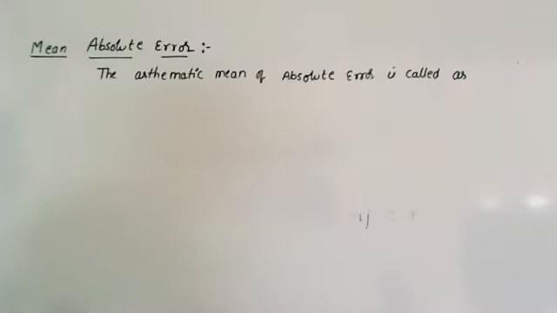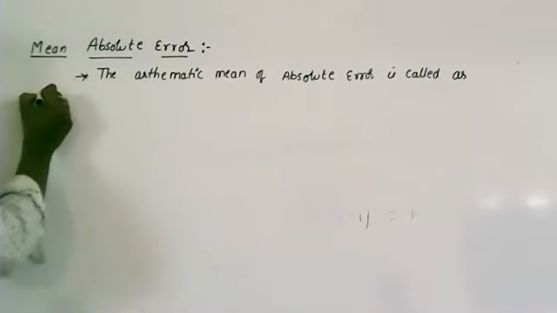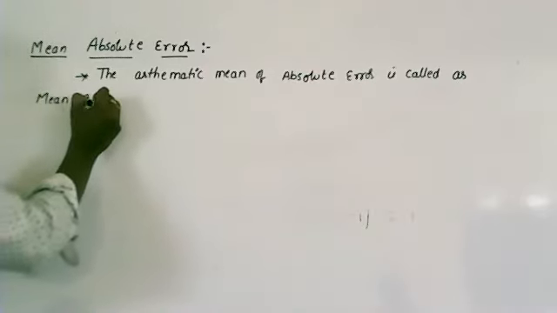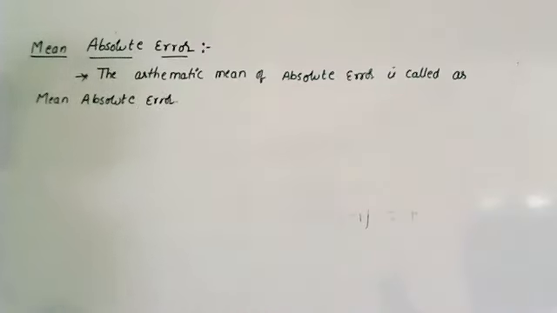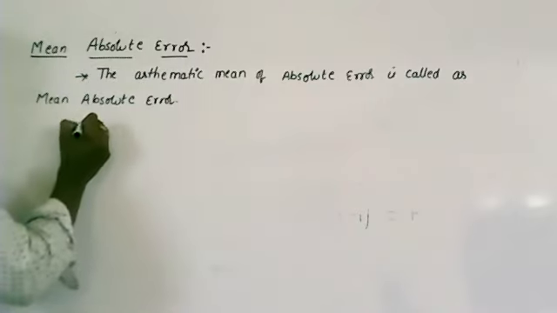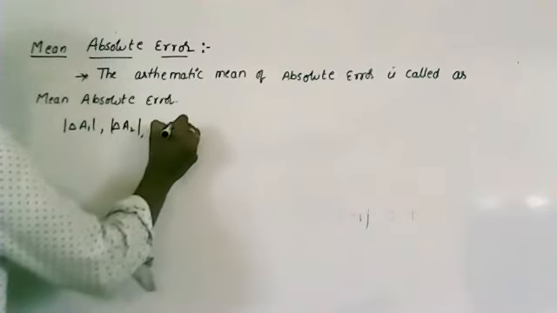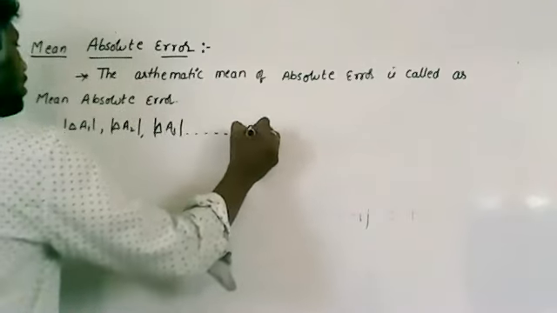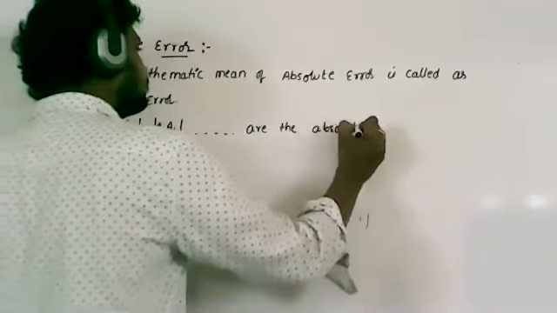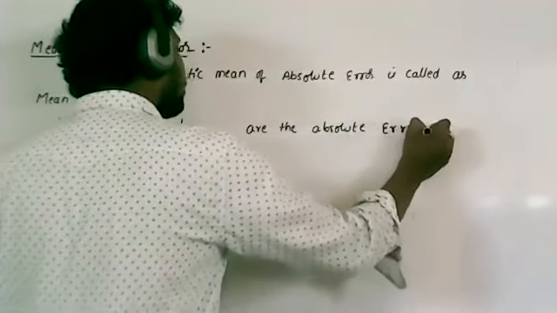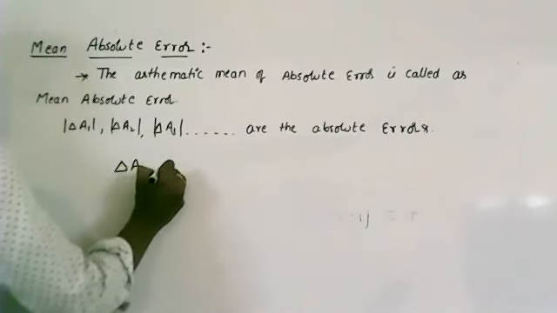So the next concept: the arithmetic mean of absolute errors is called the mean absolute error. For example, I will take delta A1, delta A2, delta A3, and so on as the absolute errors. Then delta A mean is taken as the mean absolute error.